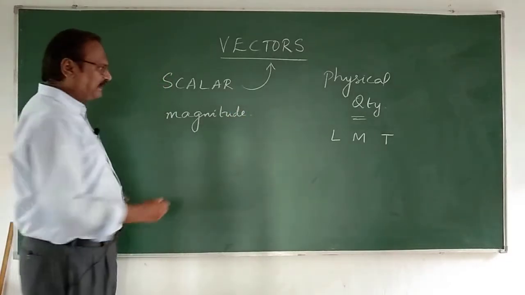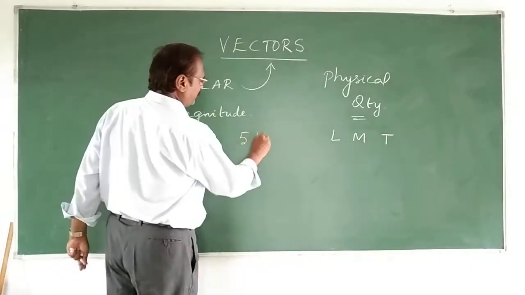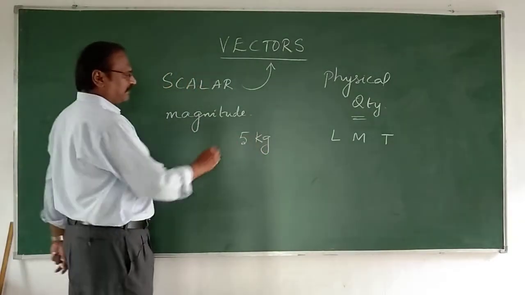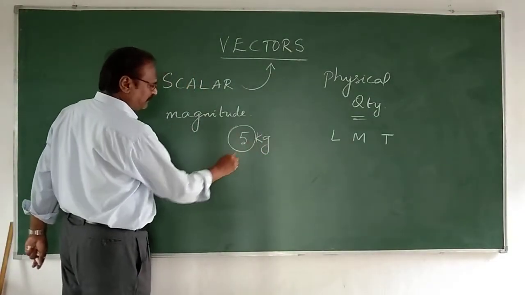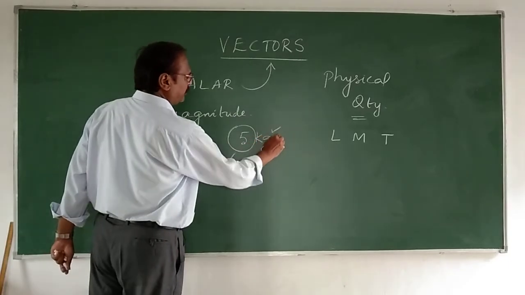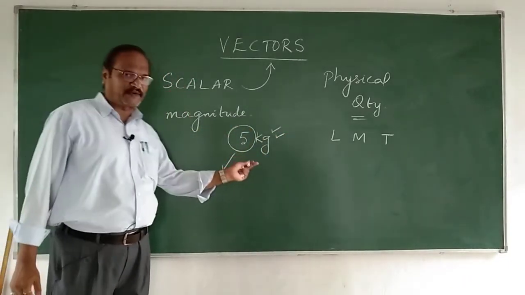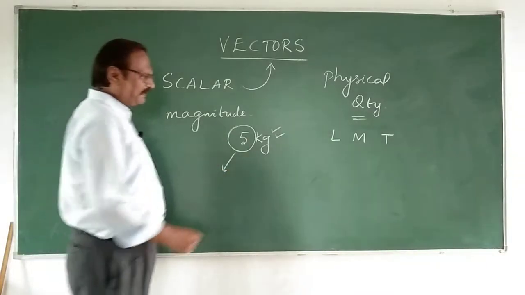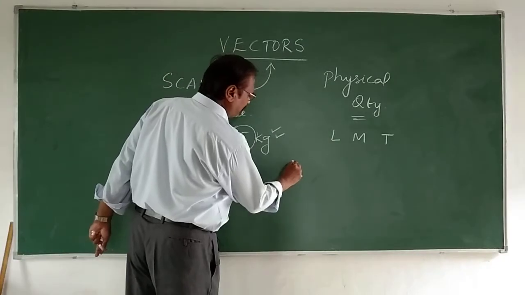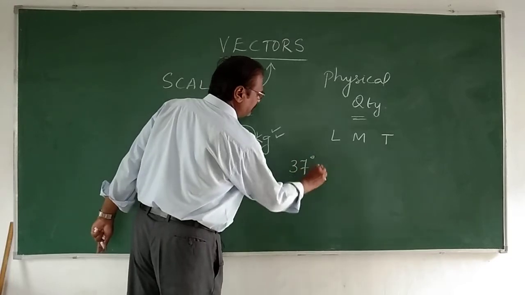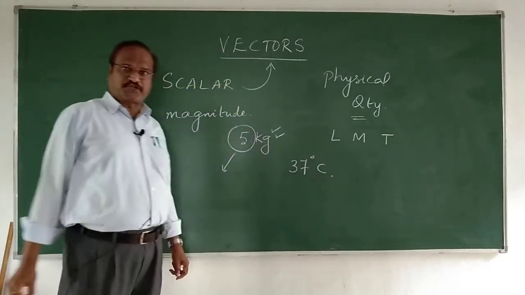Let us say, I say 5 kilograms of sugar. You see, here I have got a number and there is a unit, kilogram. So, this is a physical quantity and this is a scalar quantity. Or for example, I say the temperature of a particular person's body is 37 degrees Celsius.